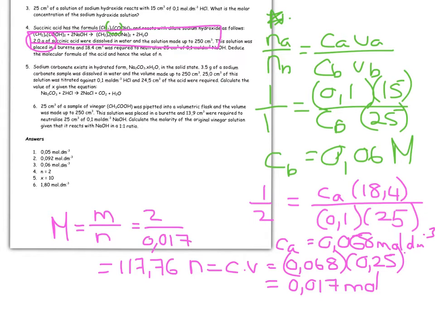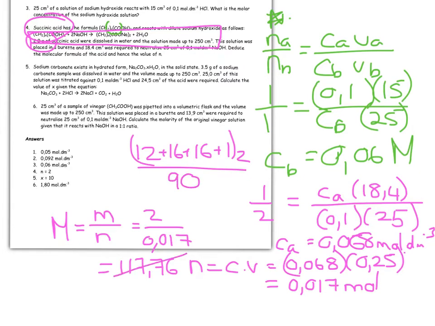Now I need to look at this particular equation, and I can see I've got a CH2, a COOH twice. So I'm going to work out all of the number of moles over here. So it's carbon plus oxygen plus, I'm looking at the second half, plus hydrogen, and that's all multiplied by 2, which is going to be equal to 90, and therefore I can chop 90 off this 117 and see what we get to, and we're left with 27,76.